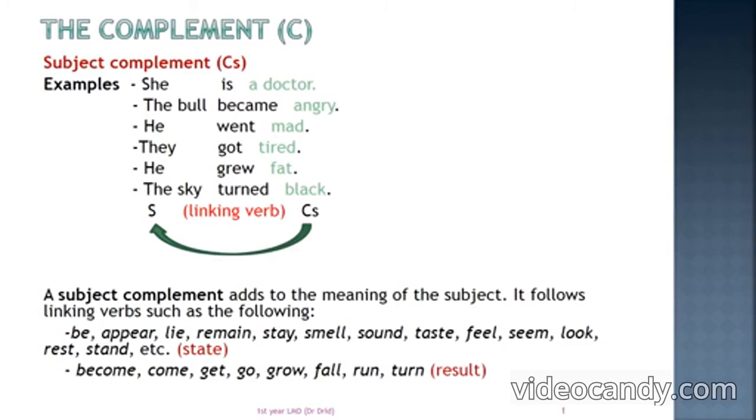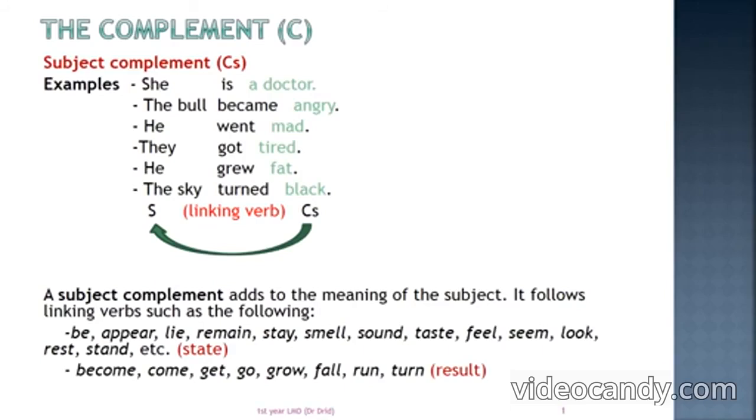So, the subject complement in these sentences sometimes is a noun phrase, like in example 1, she is a doctor. And sometimes it is an adjective, as is the case in sentence 2: angry or mad, tired, fat, black.